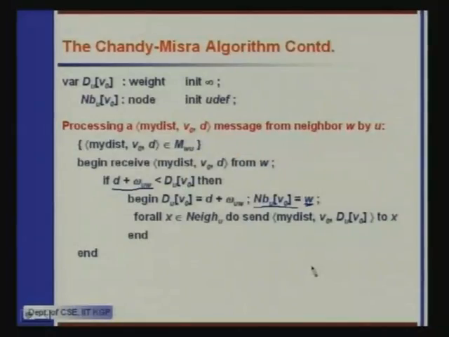Now this is going to continue until the shortest path distances are arrived at. Once they are arrived at, there will be no further reduction in the cost, and whenever there is no further reduction in the cost, the node is not going to transmit anything. So the only time when the node transmits something is when it is updating its du values.